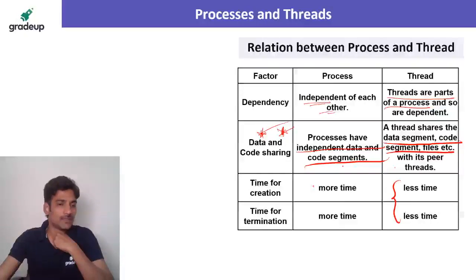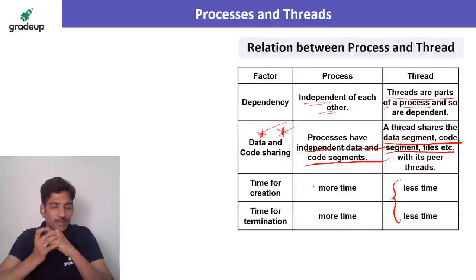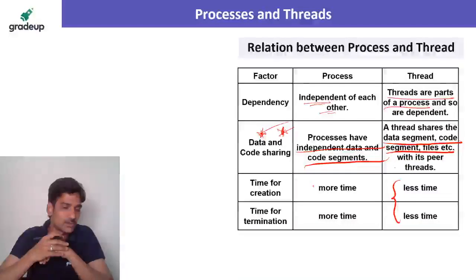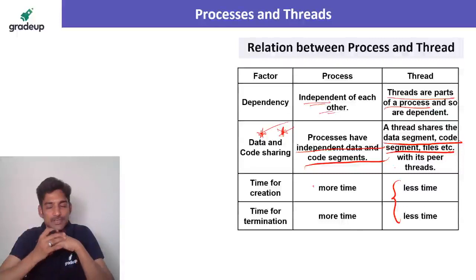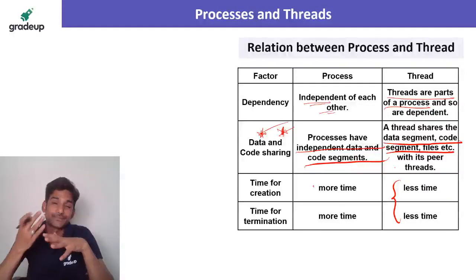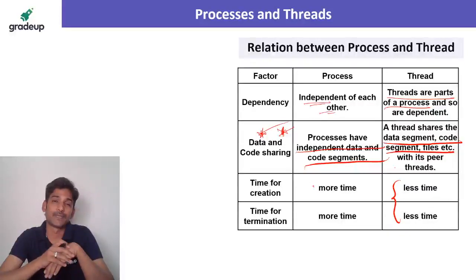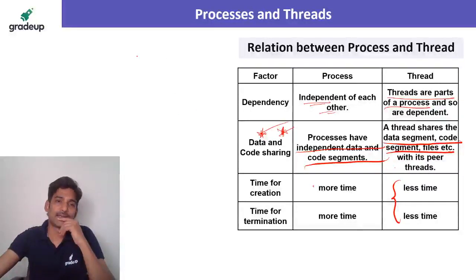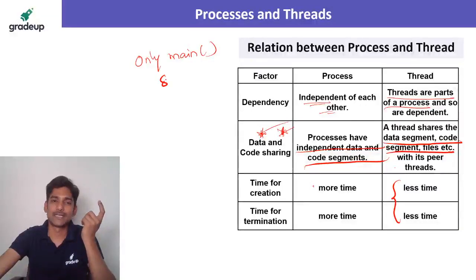Satish asks: a program like C, Java, is it converted to a single process or multiple processes? Good question. That is definitely based on your program. If your program is divided into multiple modules, if a program has only a main function, then you can have a single thread.